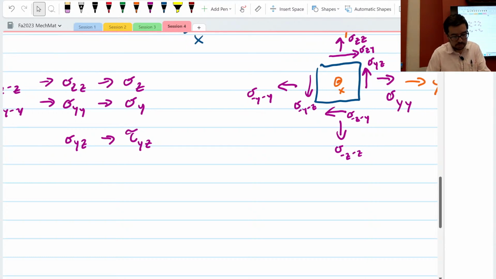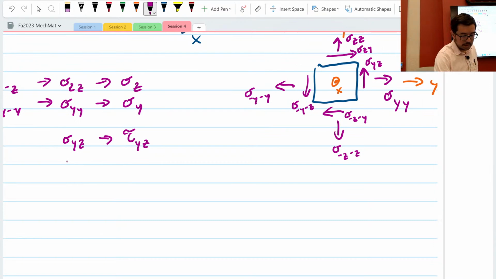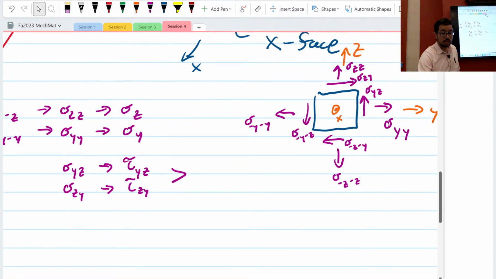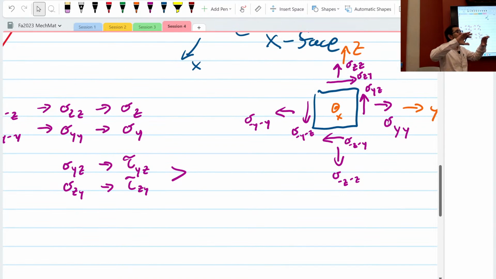So, similarly, we can write that sigma zy is tau zy. And then we can go one step further, and if you look in the notes, you go through this: the element better not be spinning or accelerating, or better not have angular acceleration and spin. And for that to be the case, these have to be the same.